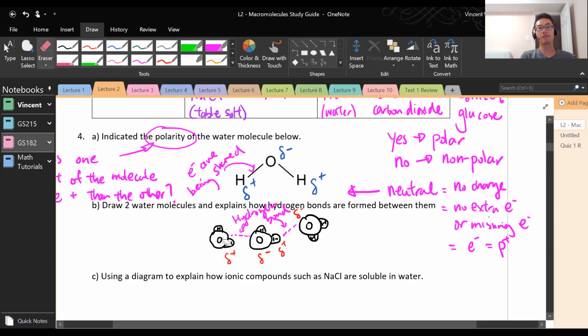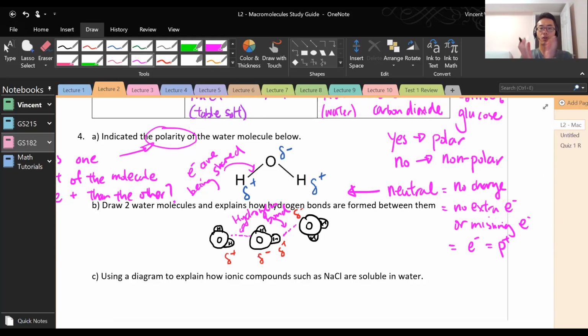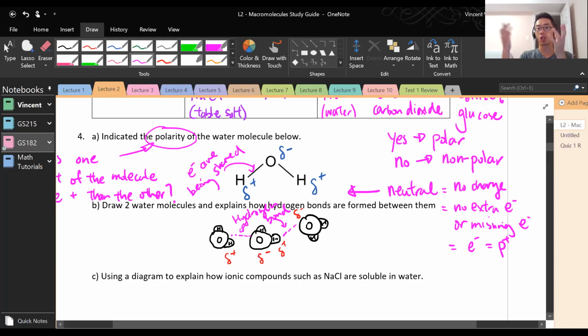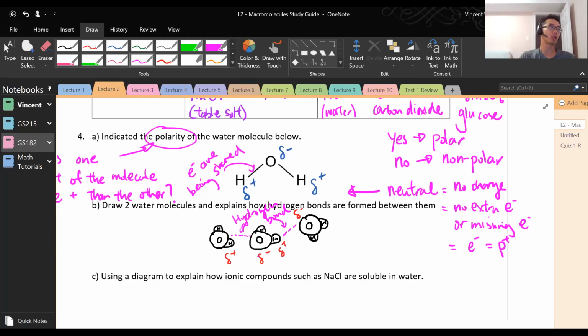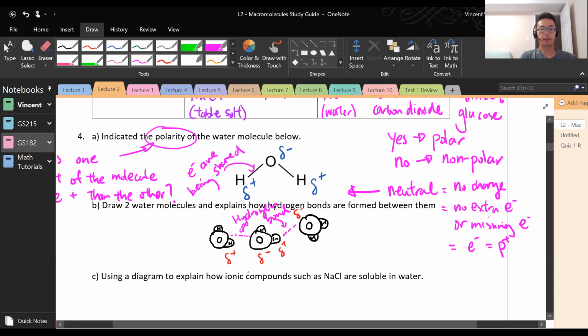So don't confuse these hydrogen bonds with ionic bonds or covalent bonds. Ionic bonds and covalent bonds are the interaction between atoms within a molecule. The hydrogen bond, I'm telling you right now, is the interaction between two molecules, rather than between the atoms found within the molecules.